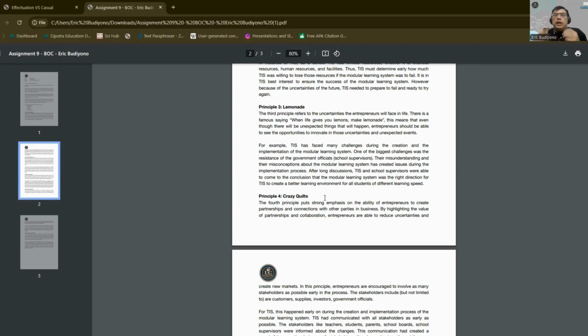And the reason why we're saying this is because, once again, the government is very rigid. The government is very, I don't know how to put this, kaku. They have requirements that cannot be changed no matter what.